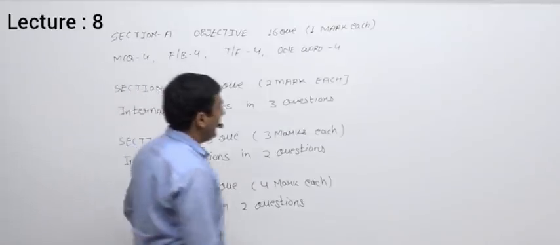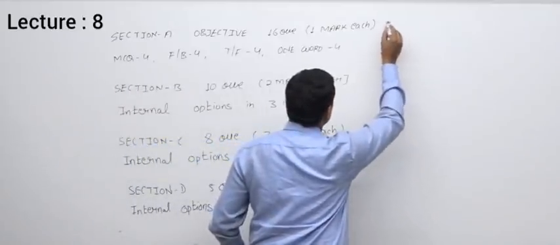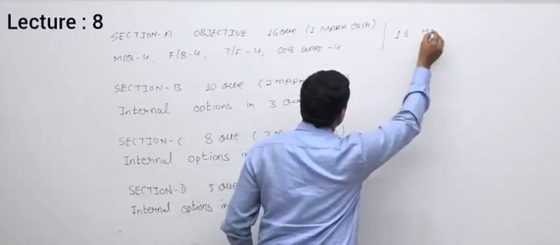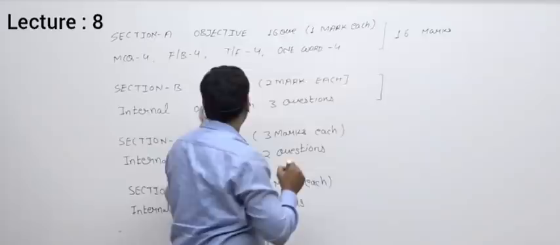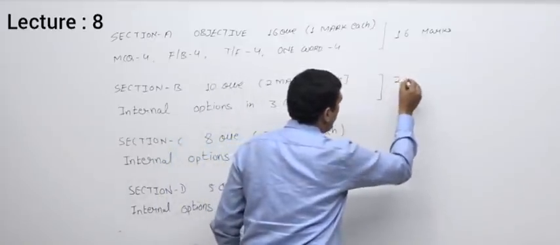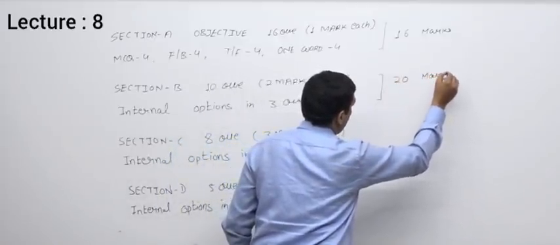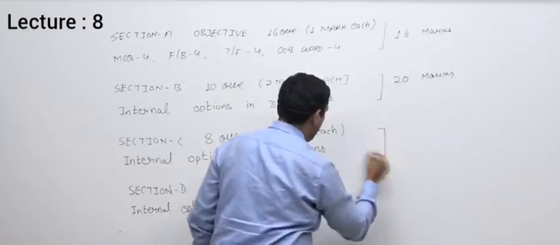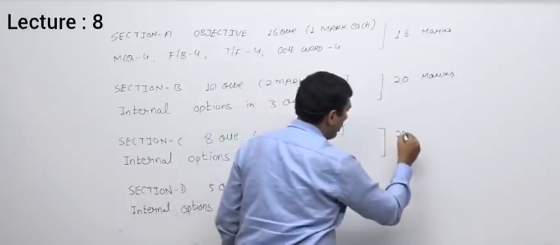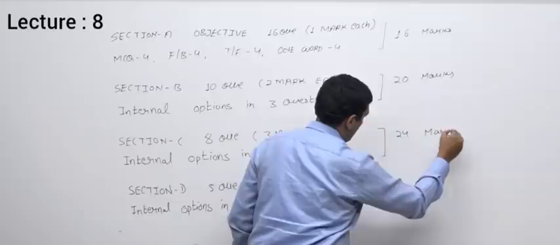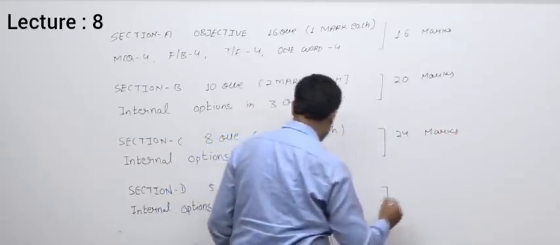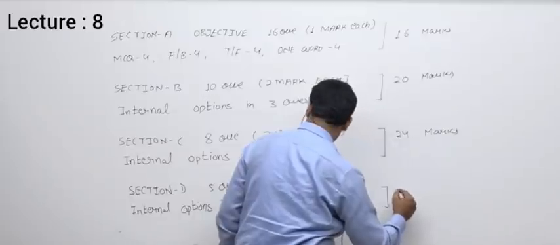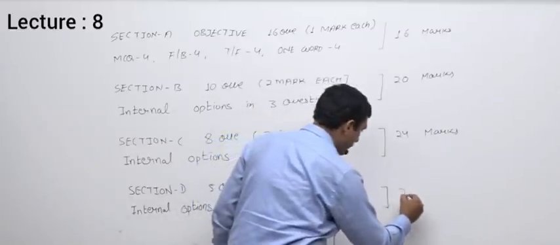Now this section A is of 16 marks. Section B, 10 questions of 2 marks, so 20 marks. Then section C, 8 questions of 3 marks, is 24 marks, and section D again 20 marks.